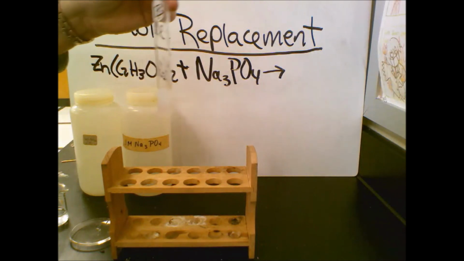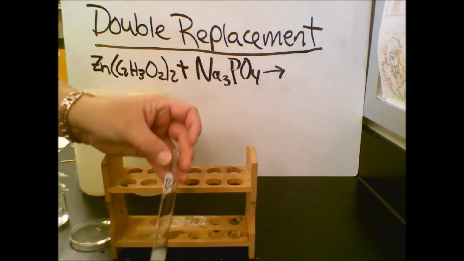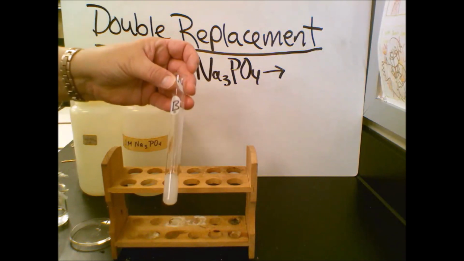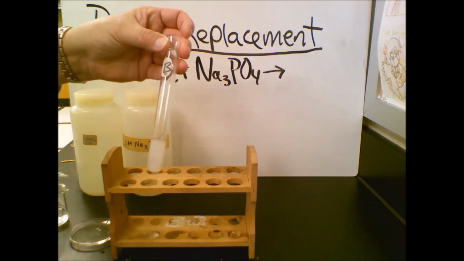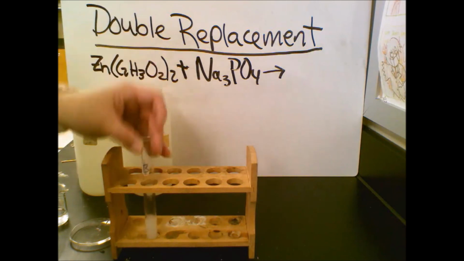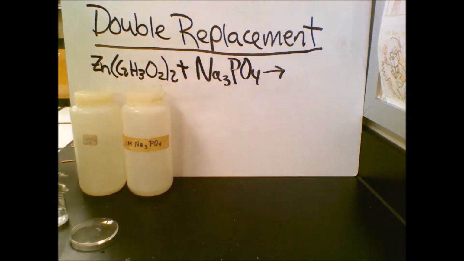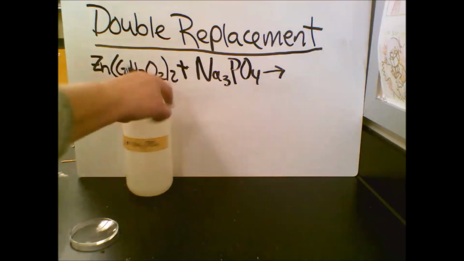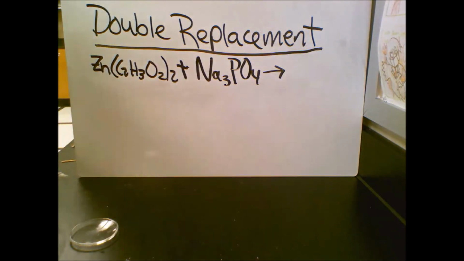Whoa, look at that. It was clear. Now it's cloudy. What that means is we formed a precipitate, a solid. So what did we form? Well, in a double replacement reaction, zinc and sodium are going to switch places.